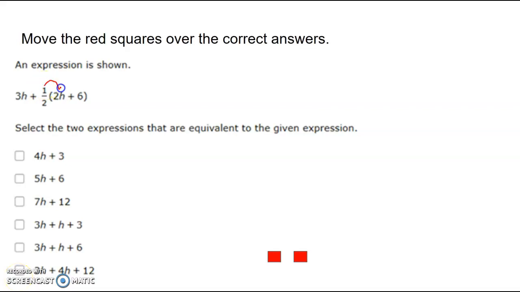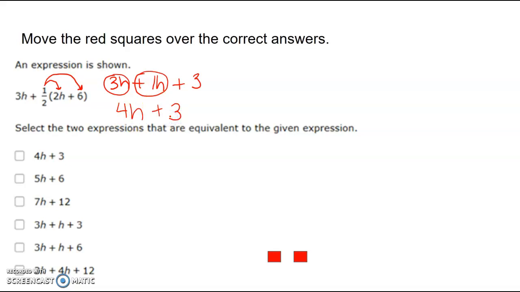So 1/2 times 2h and 1/2 times 6. Now as I work that out, the 3h, I haven't done anything with it yet, plus 1/2 of 2 is 1h, plus half of 6 is 3. And I can further simplify by combining my like terms. So 3h plus 1h is 4h plus 3.